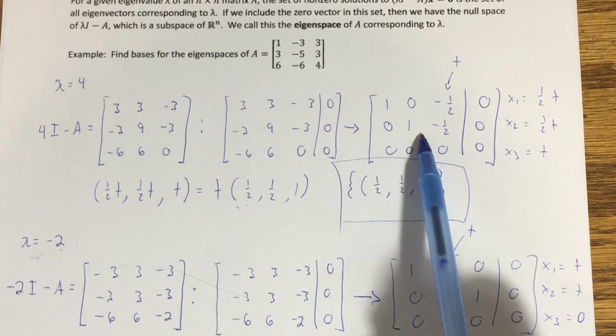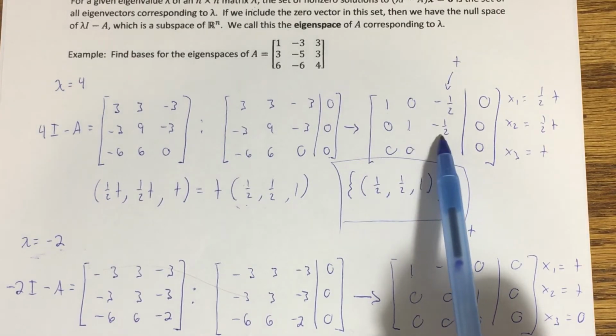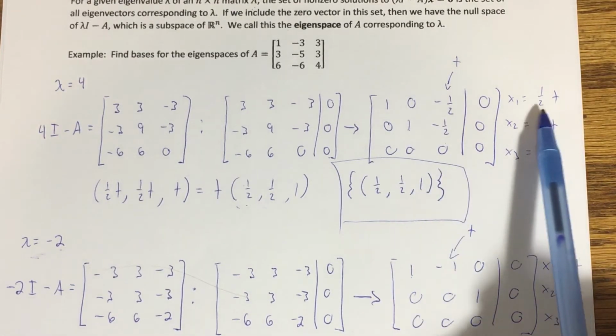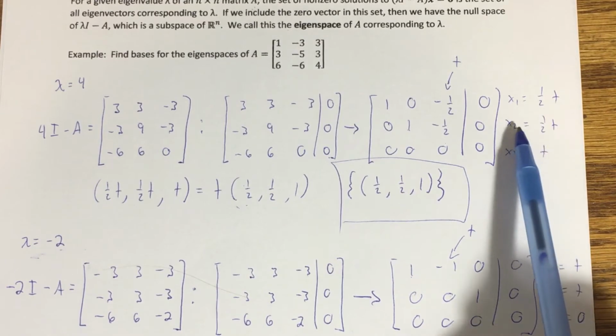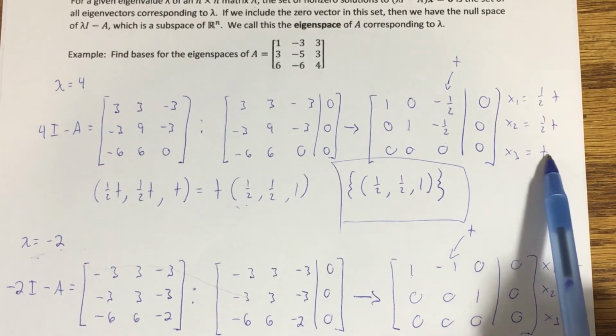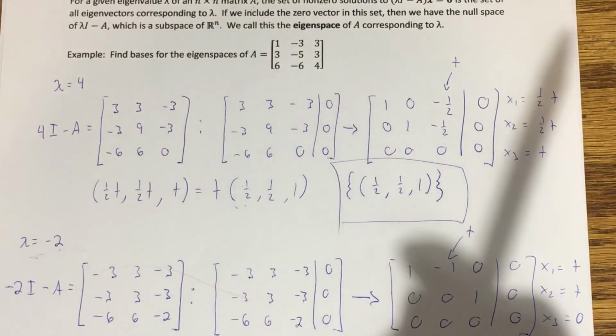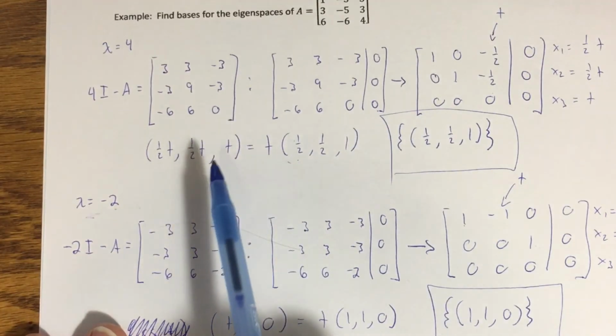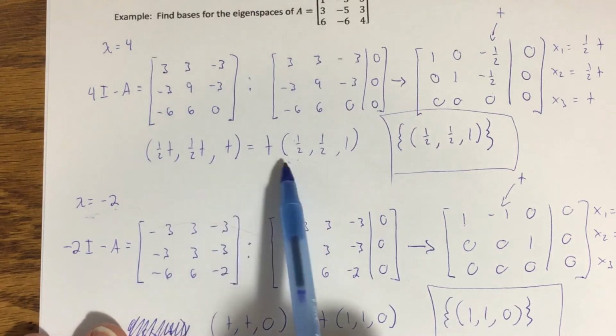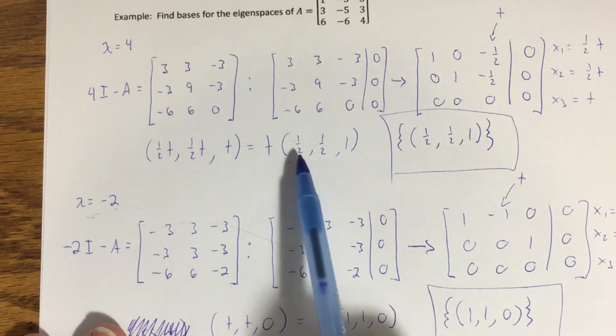So what I did is I found the general solution to this linear system, which looked like this. x1 is 1/2 t, x2 is 1/2 t, x3 is t. So I have a single parameter assigned to that free variable. When I write my solution set as a vector and then pull the t out, I get t times (1/2, 1/2, 1).